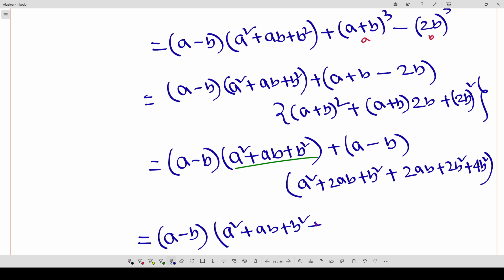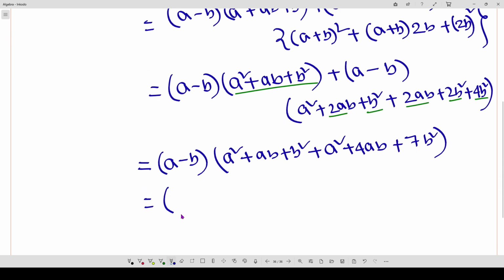Here is also a square plus 2ab, it will be 4ab, right? Plus b square, 2b square plus 4b square, it means 7b square.